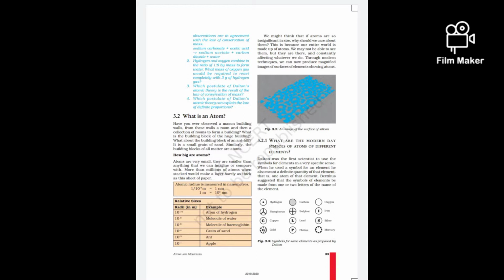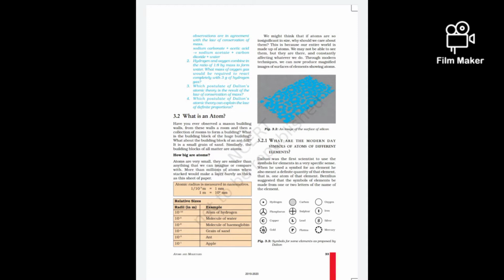Well, children, these atoms of elements are indicated by symbols. Dalton was the first scientist to use symbols for elements in a very specific sense. When he used a symbol for an element, he also meant a definite quantity of that element, that is, one atom of that element.